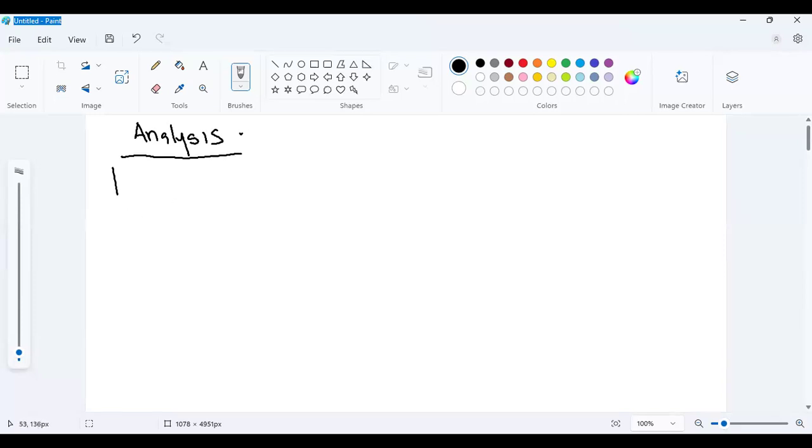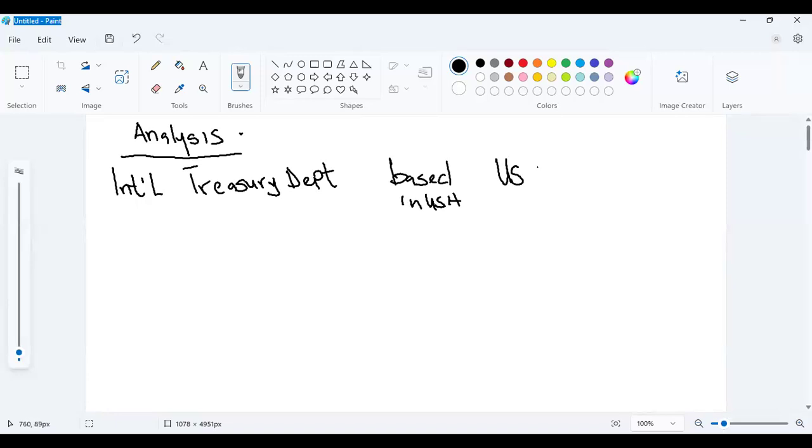We have the International Treasury in New York. The Treasury Department is located in US, based in USA, therefore United States dollar is the domestic currency here.